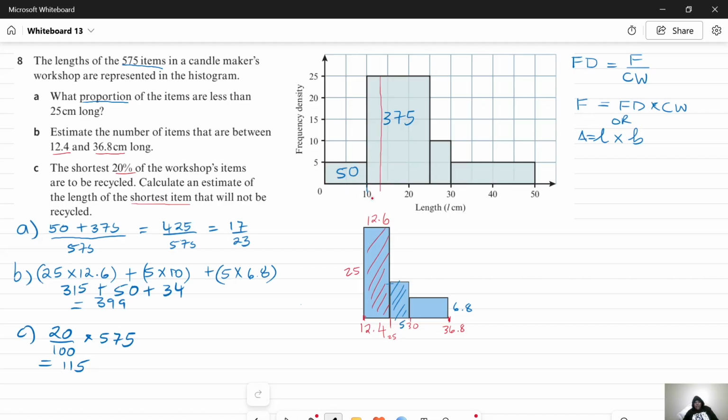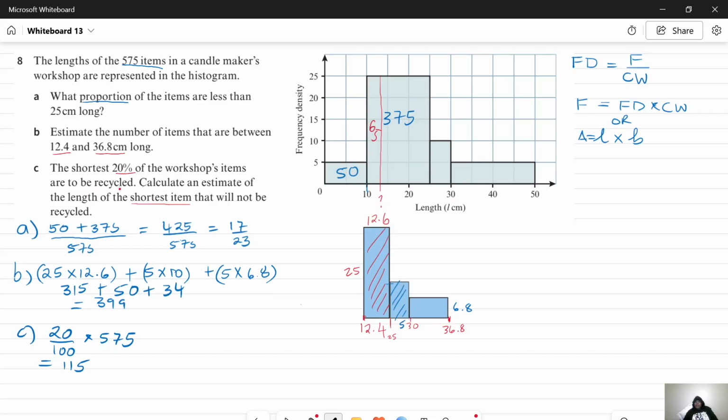So I have to get 65 items from these 375 items, so that they add to the 50 to give me the centimeters that will be the upper bound of the class that will be recycled, and the lower bound of the next class that will not be. The lower bound means the shortest item that will not be recycled, because it's the lower bound of the next part, the items that will not be recycled.